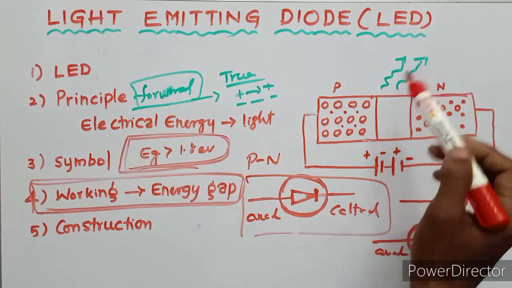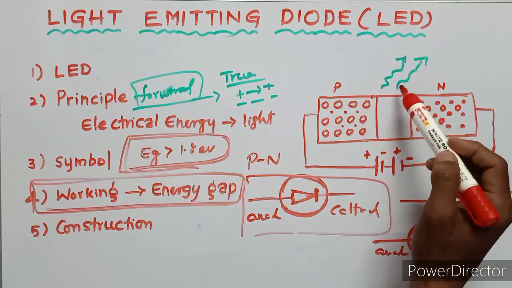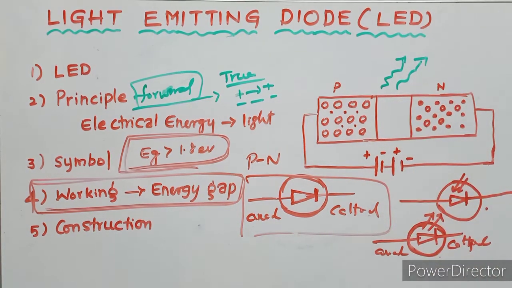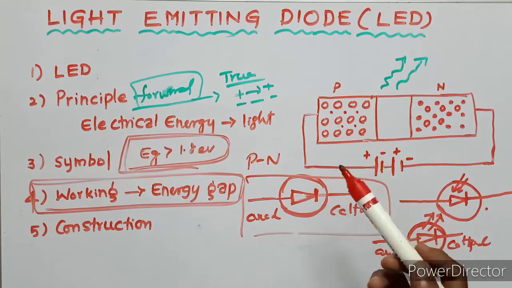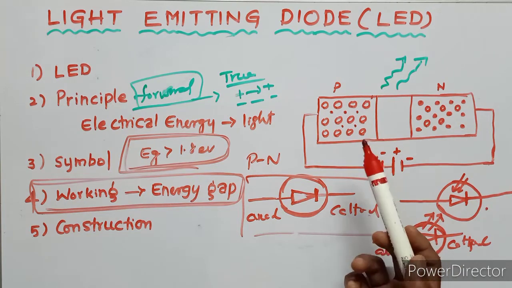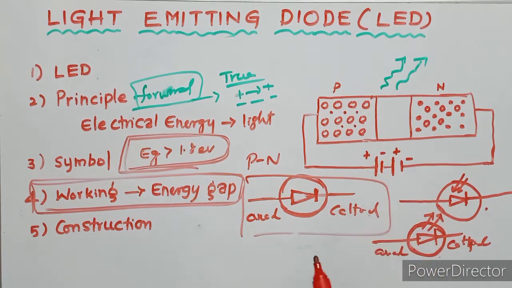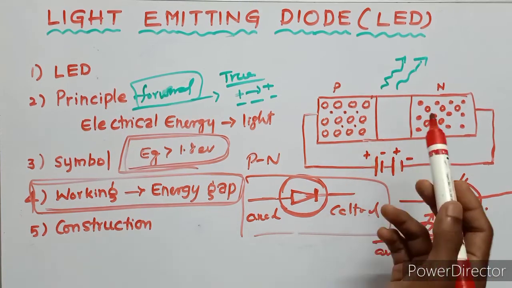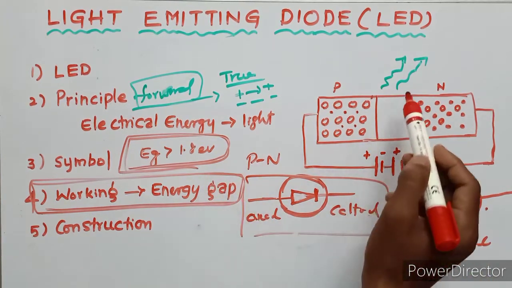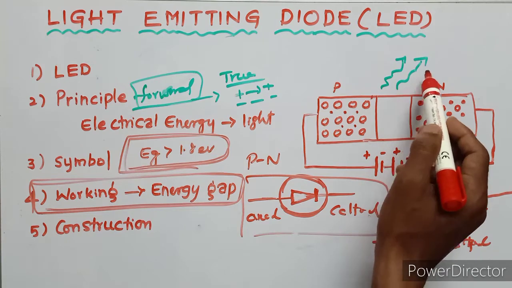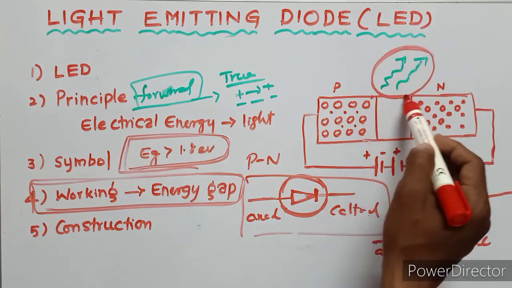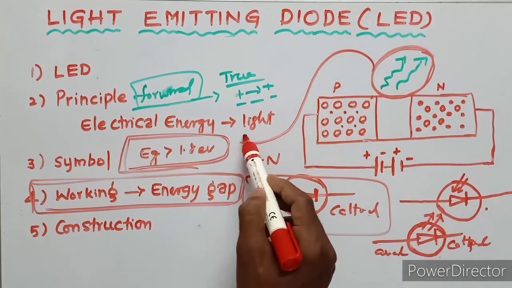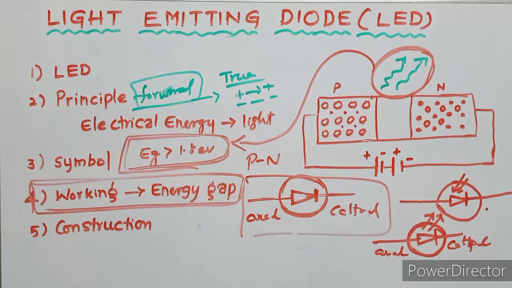That means the light emitted is visible, in the form of red, blue, white, green light. Nowadays LEDs are very useful lights in all sectors. So when the light is visible, the energy gap is greater than 1.8 electron volts.